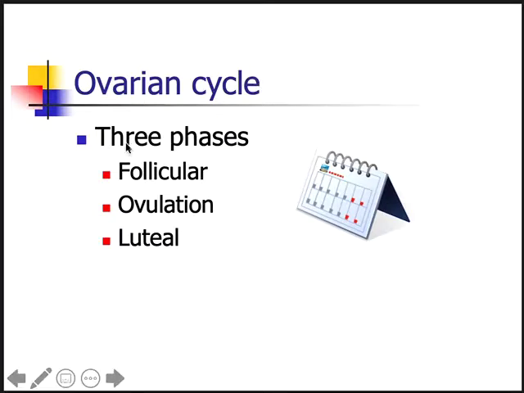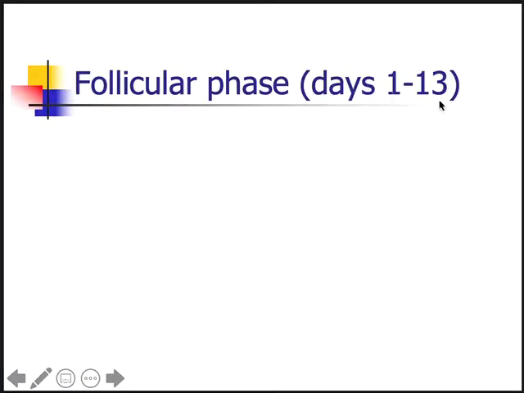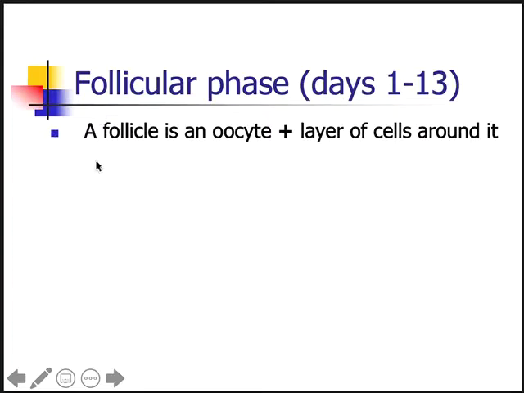The ovarian cycle is divided into 3 phases: the follicular, ovulation, and luteal. Okay, so the first 1 to 13 days is the time it takes for that follicle to mature and reach the point of ovulation. A follicle is an oocyte plus the layers of cells that surround it. So you have your primary follicle.